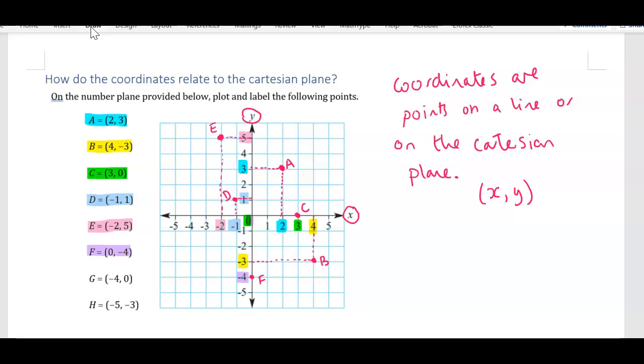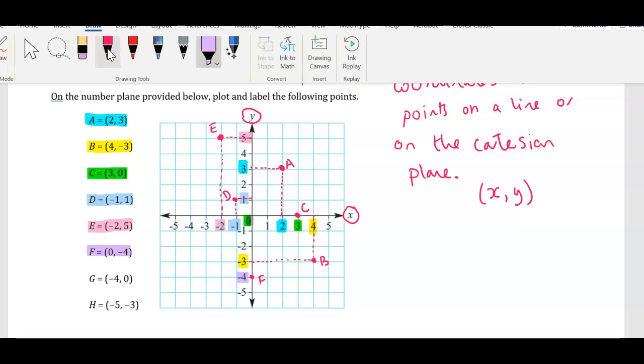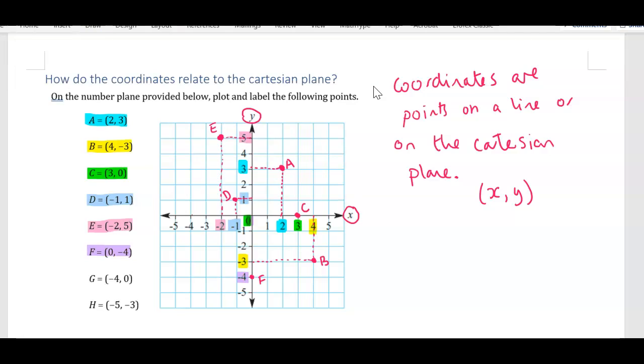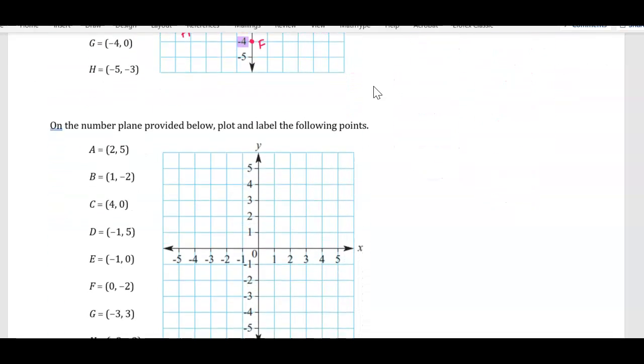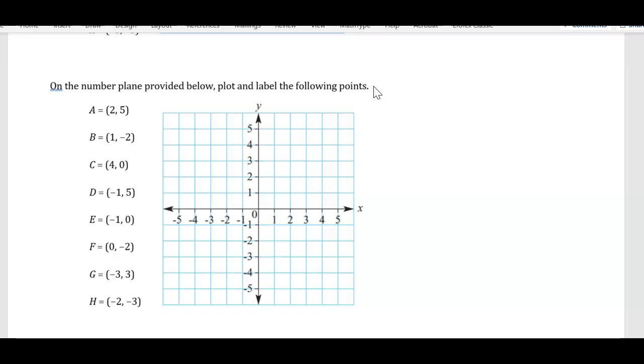The next 2 points, I might just draw them. So -4, 0. x equals -4 is here, and 0 is on the line. And then -5, -3, so x equals -5, and -3 is down here. That's H.